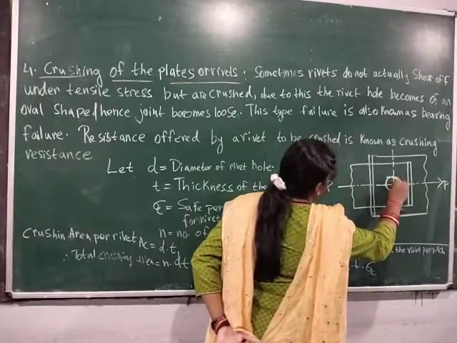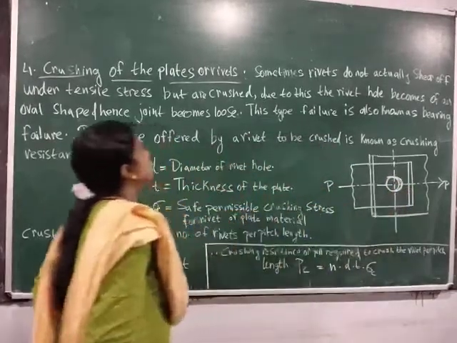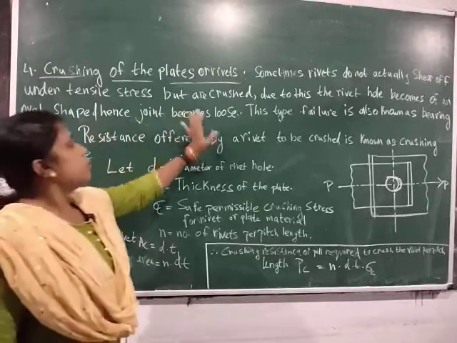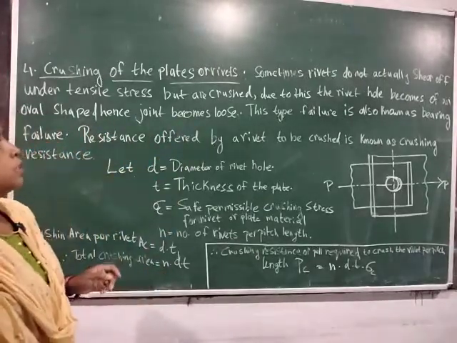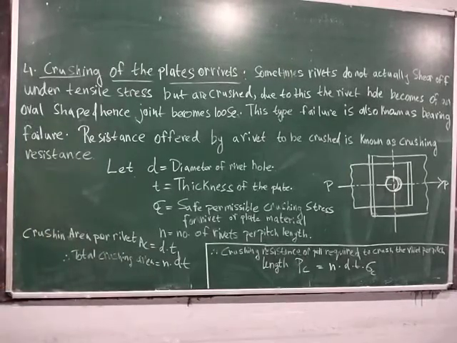So actual shape is like this. It becomes an oval shape due to crushing, and the joint becomes loose. This type of failure is known as bearing failure or crushing failure.